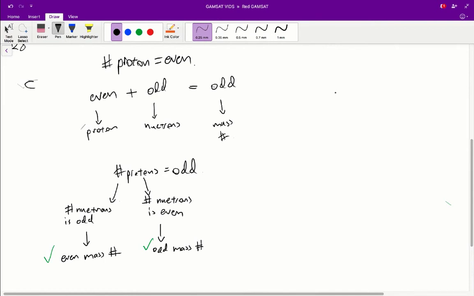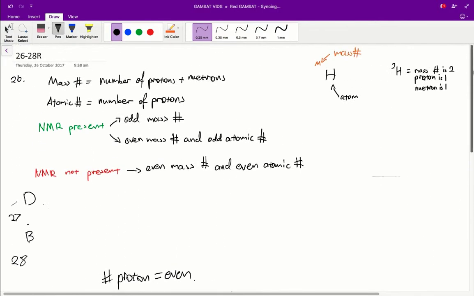If the number of protons is even, then the only way in which we can get NMR to be present is for there to be an odd mass number, because we can't take the other pathway as that requires an odd atomic number. So if the number of protons is even, then we need an odd mass number.